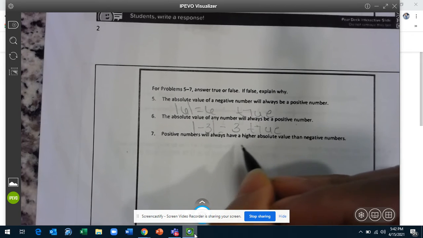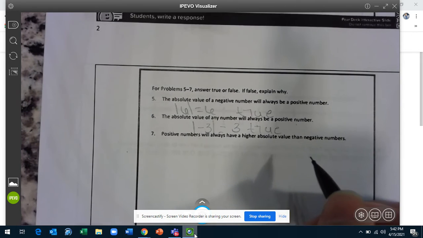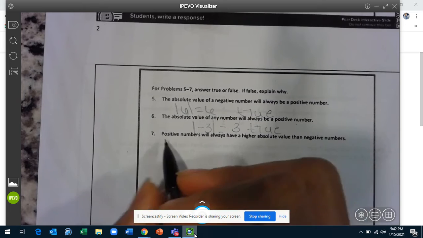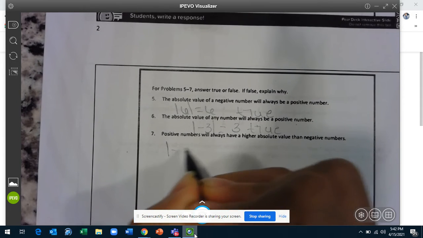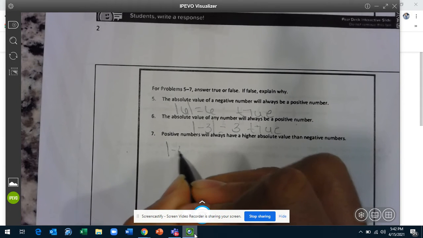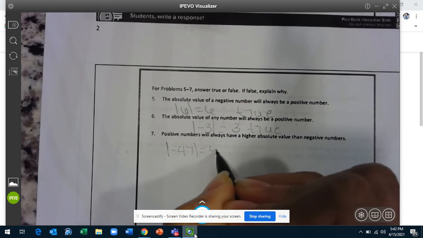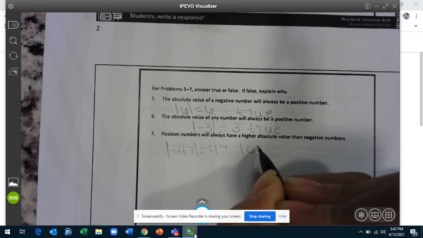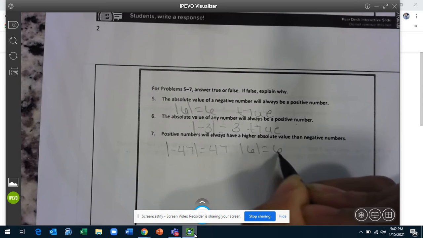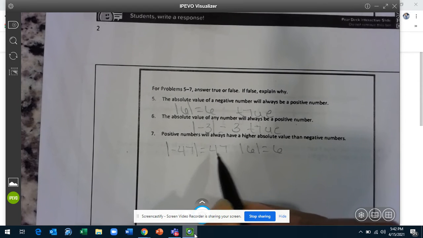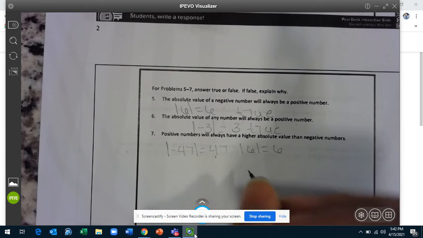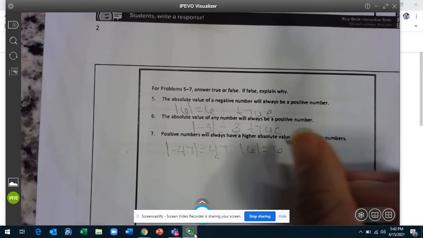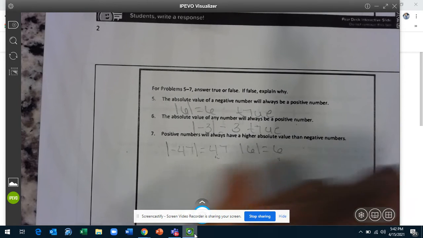This says a positive number will always have a higher absolute value than a negative number. If I take the absolute value of negative 47, that'll give me 47. If I take the absolute value of 6, it'll be 6. But you can see that the absolute value of my negative number is higher than the absolute value of my positive number. So this is false.